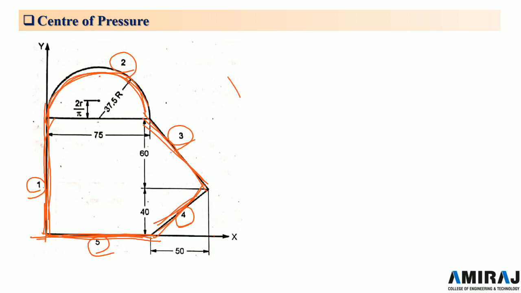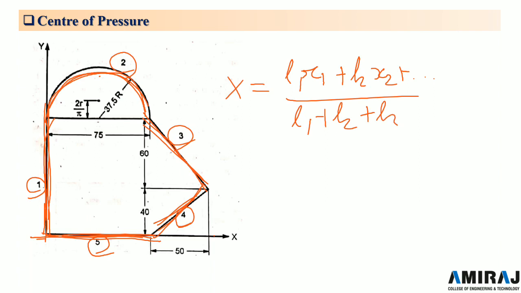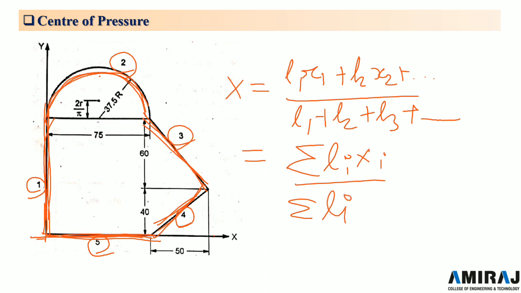We have to calculate the capital X, that is, L1 x1 plus L2 x2, same way up to, divided by L1 plus L2 plus L3 and so on. So in general it will be sigma Li xi divided by sigma Li, and same way for y it will be sigma Li yi divided by sigma Li.